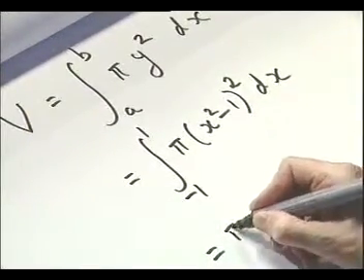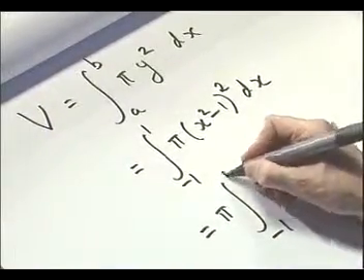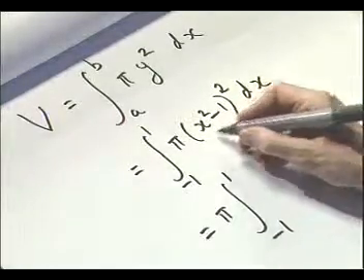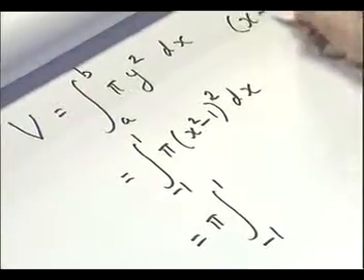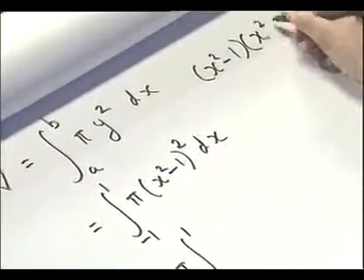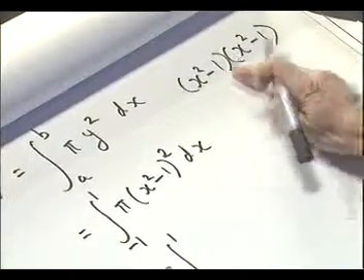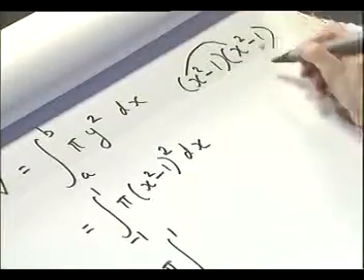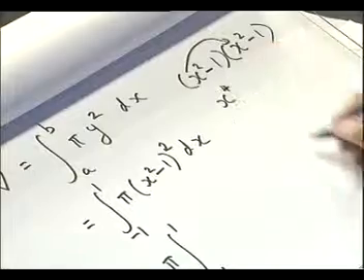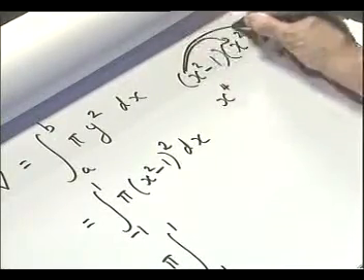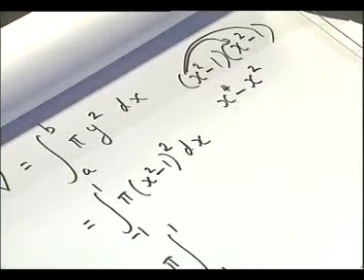So the integral of pi, notice I'm moving the pi outside the integration sign again. And I want this squared. So let me do it here in full so we can see where all the terms come from. That's what the square means. Multiply the bracket by itself. So x squared times x squared gives us x to the power 4. x squared times minus 1 gives us minus x squared.